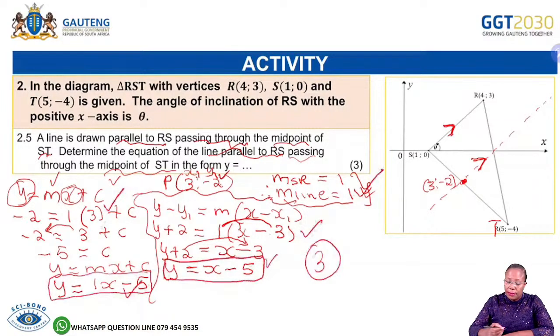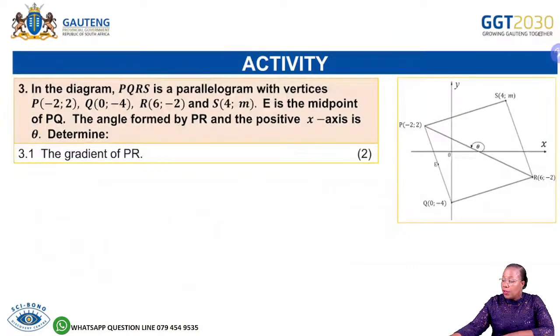Okay, and then moving on, grade 12s, we are moving to the next activity now. That is activity number 3. In activity number 3, they say in the diagram, PQRS is a parallelogram. The minute you see the word parallelogram, you must know all the properties of your polygons, grade 12.